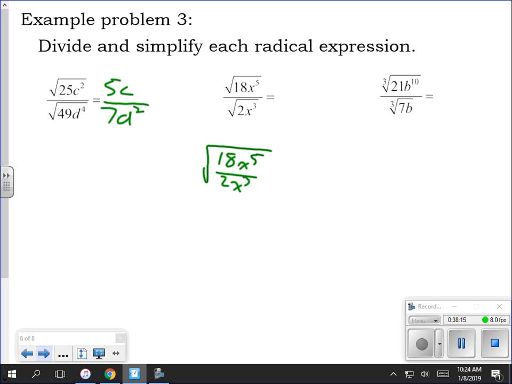What's 18 divided by 2? Okay, I'll give you an easy one. X to the 5th divided by x cubed. What do you do to the exponents when you divide? You subtract, so that would be x squared. And this one's a perfect square. This is easy. Square root of 9 is 3. Square root of x squared is x, so this is 3x.